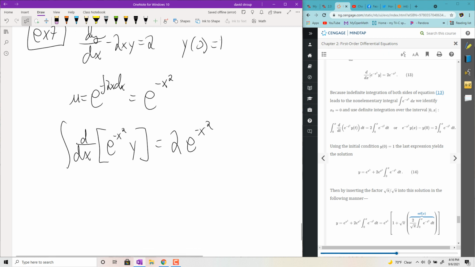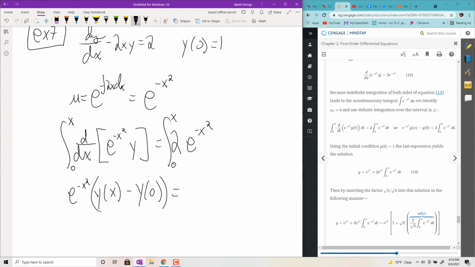Then we can integrate both sides, and with regards to solutions in terms of integrals, we can embed the particular solution into the integrals, like that. So on the left-hand side, we'll have e to the negative x squared y of x minus y of 0.